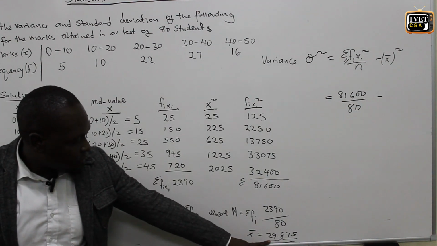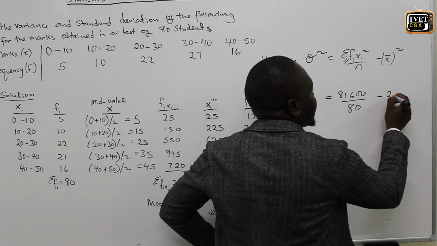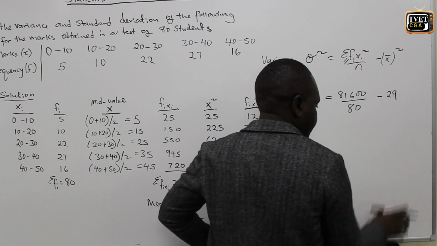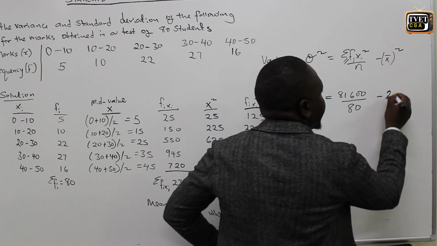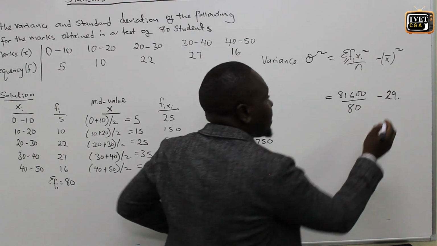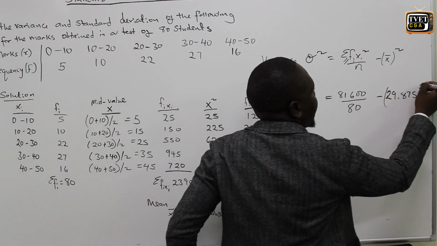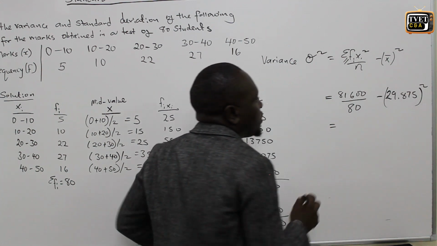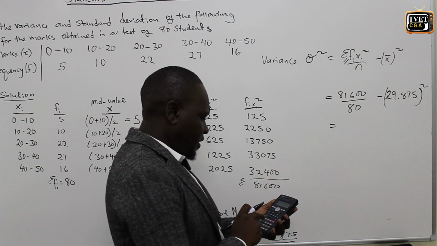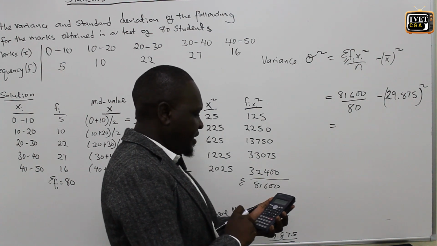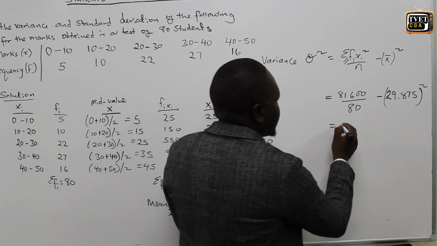You have the mean of 29.875 square. 81,600 divided by 80, you find to be 1020.